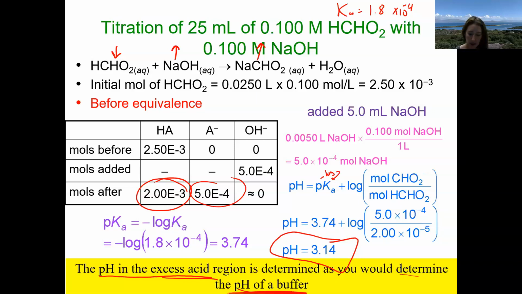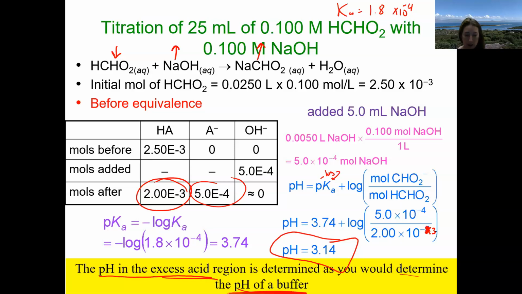Yeah, I got 3.14. For some reason I feel like there's something wrong with my math, but it works. Look at it again, 2e negative 3. It says a 5 right here, but it's not 5, it's 3. And I got 3.14.